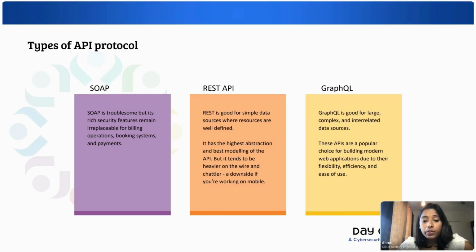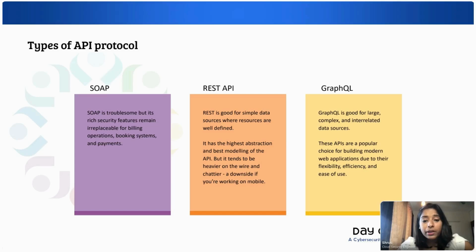The next is SOAP. SOAP stands for Simple Object Access Protocol. It is a messaging protocol which is used for exchanging structured data between different systems over the internet. SOAP is an XML based protocol and is considered one of the earliest web service protocols.